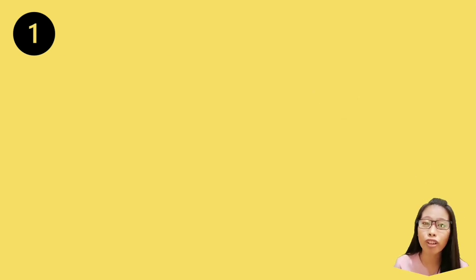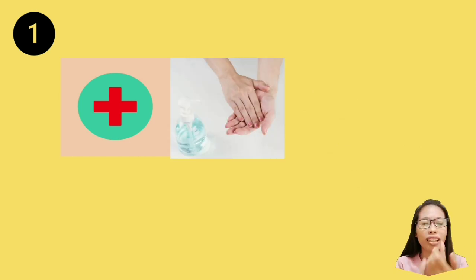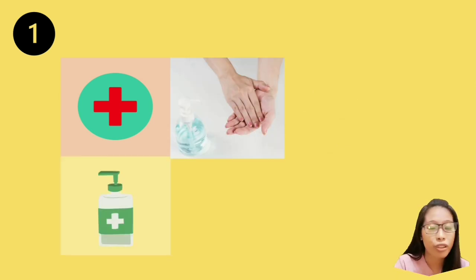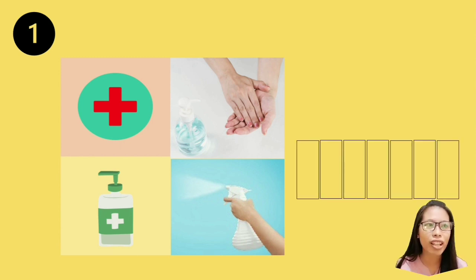We have here a cross sign, a hand washing, a green with a cross bottle, and someone spraying. So, what do you think is the word that best describes the pictures? The word has 7 letters.